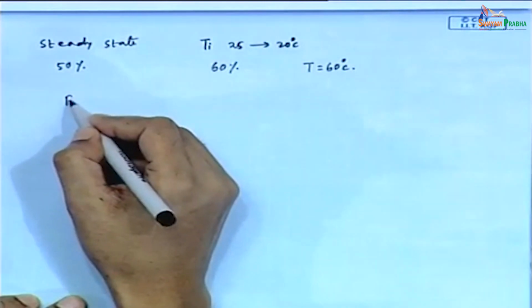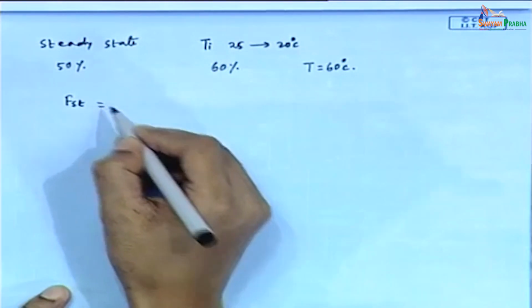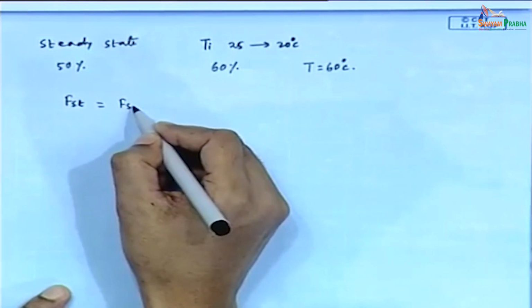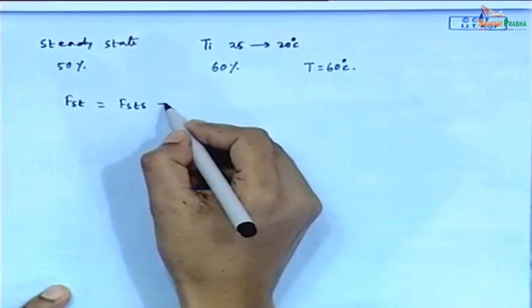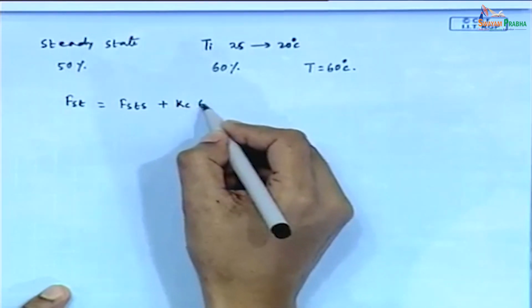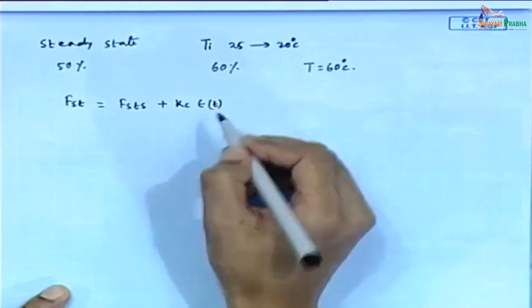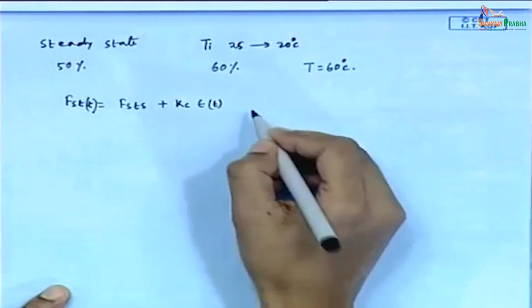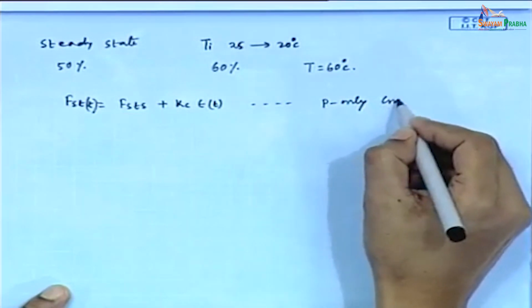Our manipulated variable is Fst. If we consider P only controller, then we can write Fst equals Fst,s plus Kc epsilon(t) for the case of P only controller.